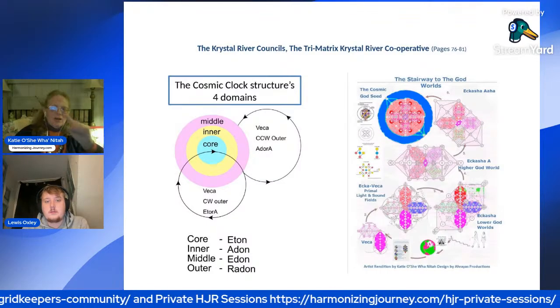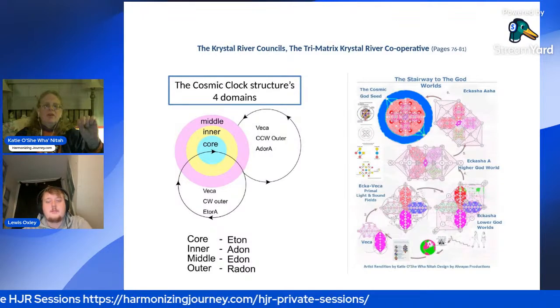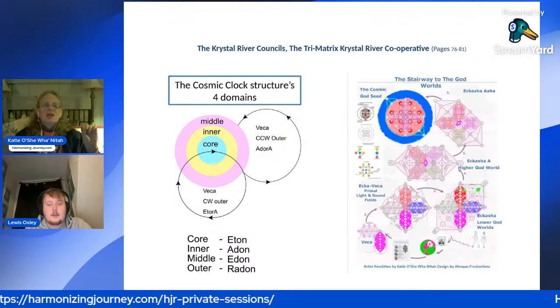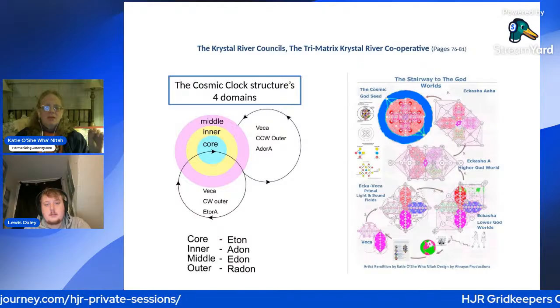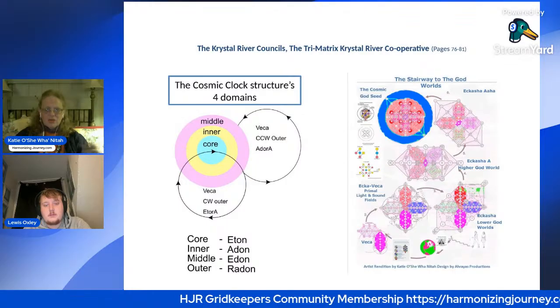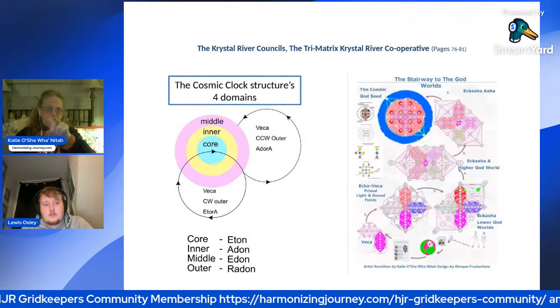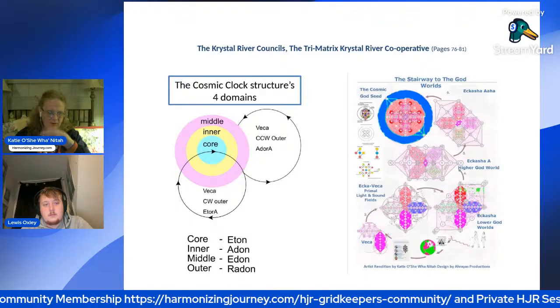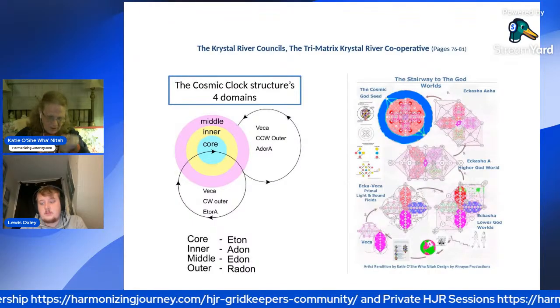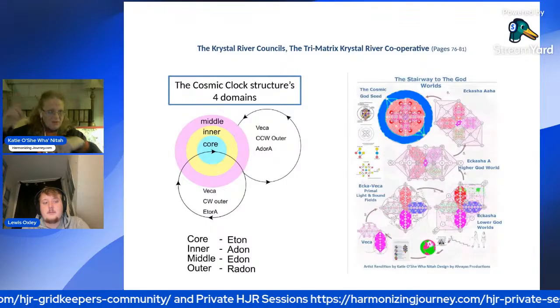But going to the cosmic God seed, we have the interface with the core, inner, and middle domains. We have the Veka, clockwise outer Ettore, so that cosmic God seed Akasha Aya and its whole stairway to heaven of all of the down steps, and it then goes back up. It's all the big thing together, but we're downstepping it for our brains.